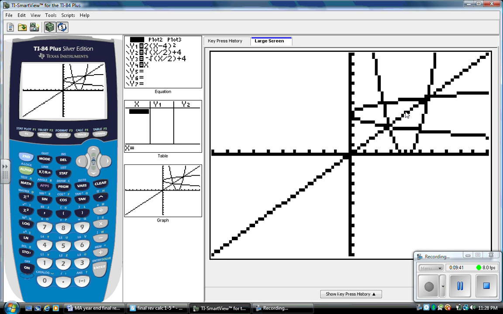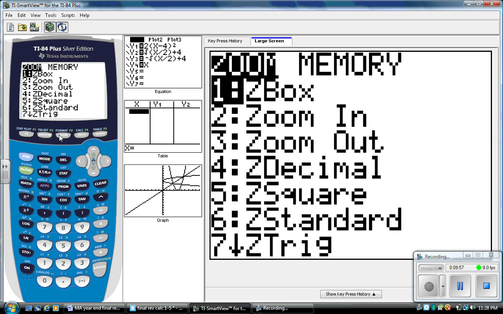And if you tilt your head to the right at about a 45-degree angle, these are perfect reflections of each other. Now granted, remember your window's kind of skewed here because it's more elongated than it is up and down. A way you can double check is there is zoom square, which doesn't stretch any of the axes.